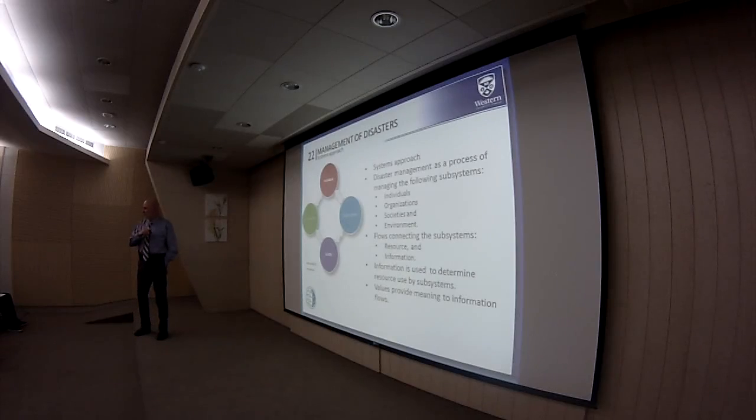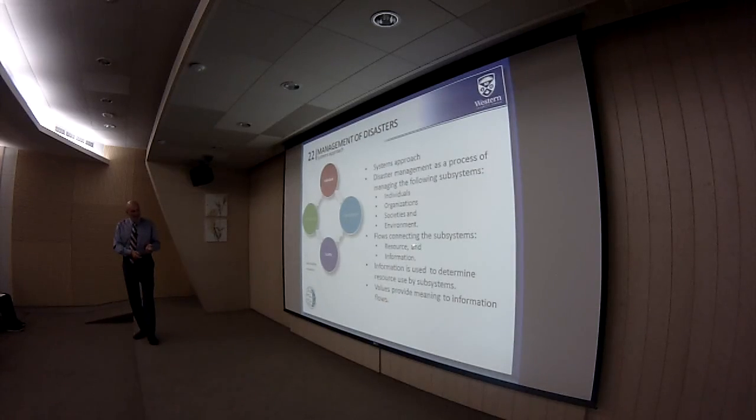But my position is very strong behind it, that the systems we are talking about are systems that contain these elements: individuals, organizations, societies, and we are all embedded in the environment. And there are two types of flows, of resources and of information, that are basically determining the state of the systems and also how they change.